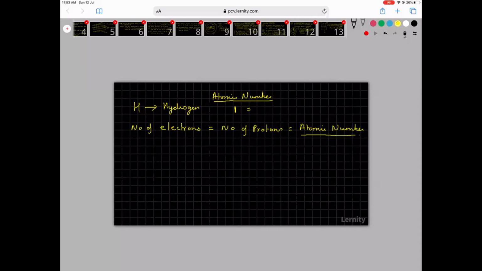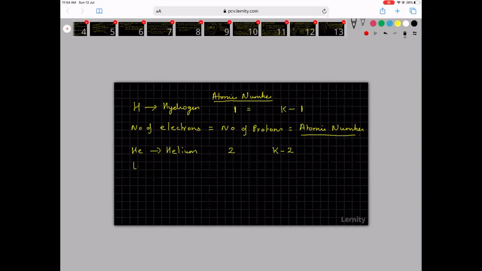Hydrogen is 1. So it has 1 electron in the first orbit, that is the K orbit. Then the next element is helium. Helium has atomic number 2. That means in the K orbit it will have 2 electrons.